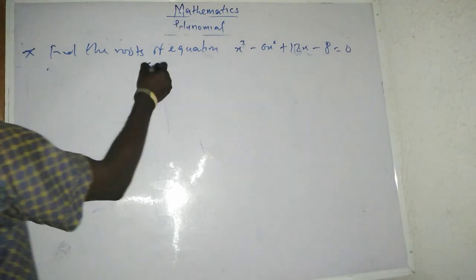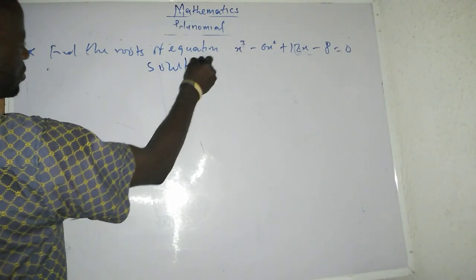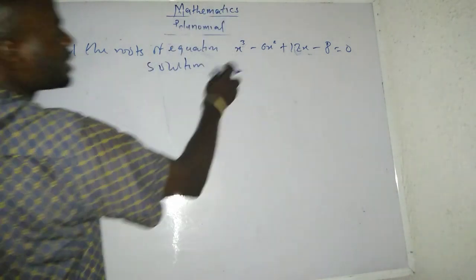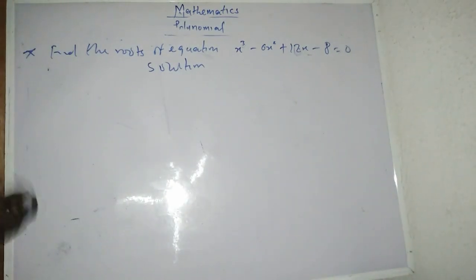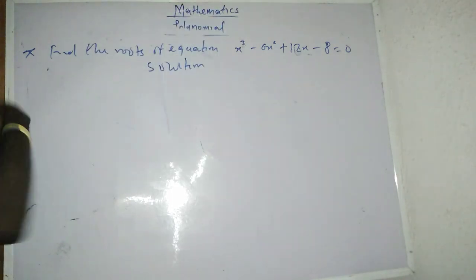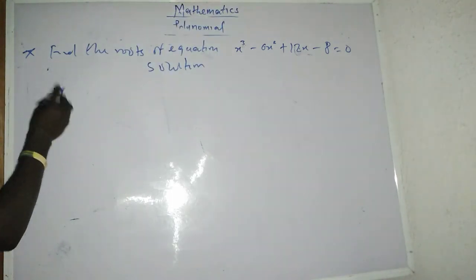Now, if I should solve this question, I will look at this, this is 1, this is 8. What I will just do is look for one of the factors of the number. It means what can I put in that will be equal to 0. My minus 8.